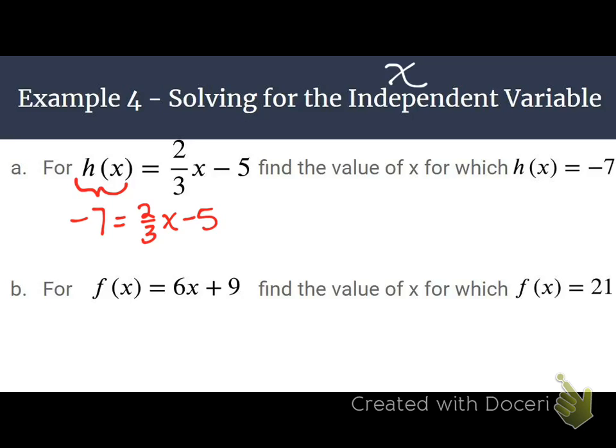Do we have questions about how we set it up? Why do you need the H? That's the name of the function. Why can't you use X? X is the variable. We can't have the function named x and the variable named x.